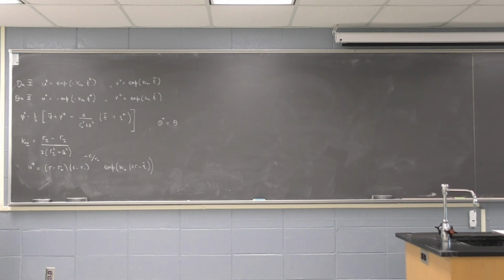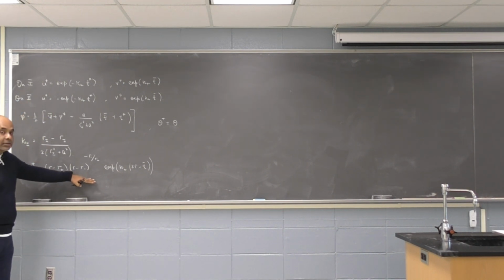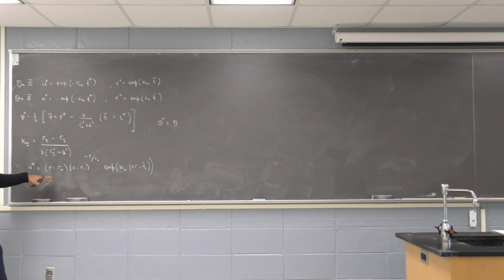I've also shown that this is well defined on block 1 and block 2, including r equals r plus. Remember, the blocks don't include the horizon. In particular, this is defined because u plus in both 1 and 2 takes this form. So when r equals r plus, it's just 0.